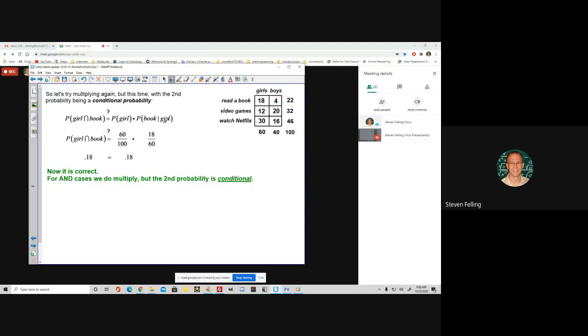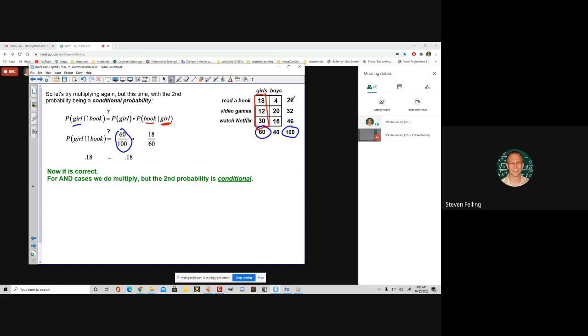We're going to make that second probability a conditional probability. So we're going to say the first probability is the probability that you can pick either of the events. We'll pick girl, find the probability of being a girl, which is 60 out of 100 here. But then when you multiply by the second probability, we're going to find the probability of liking a book. We're going to stick to the girls. So we're going to say, what's the conditional probability of liking a book given that you meet the condition that you're a girl?